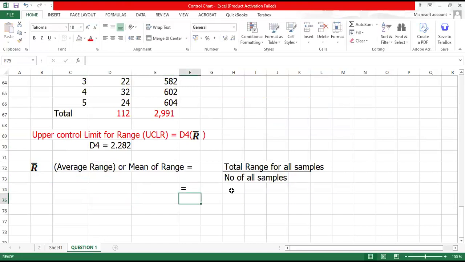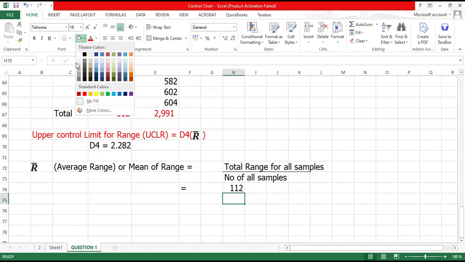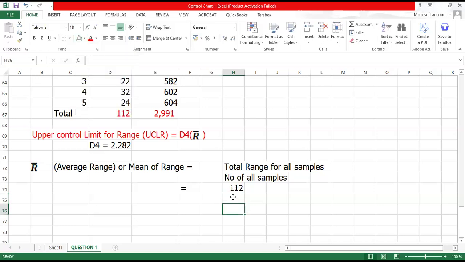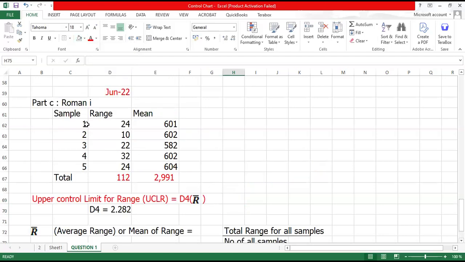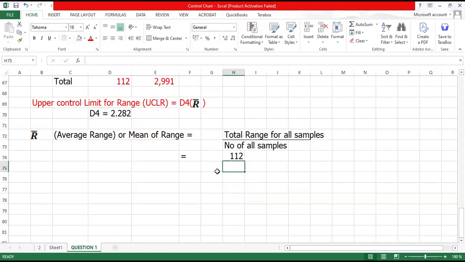Total range is this one, so you get 112. Then divide by 5, the number of samples. So what do you get? 22.4.